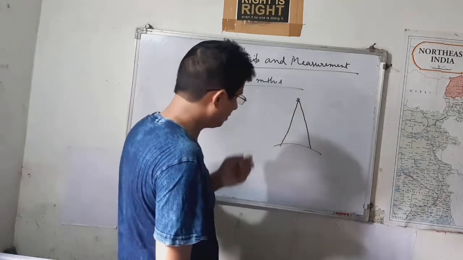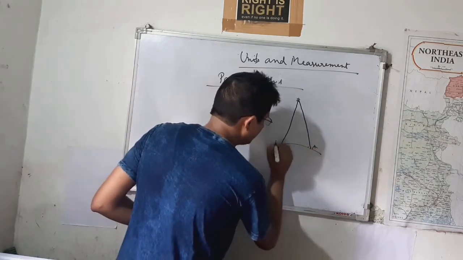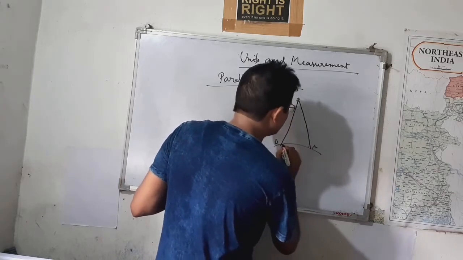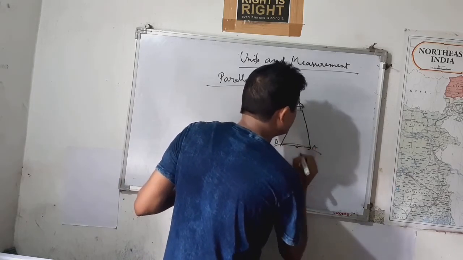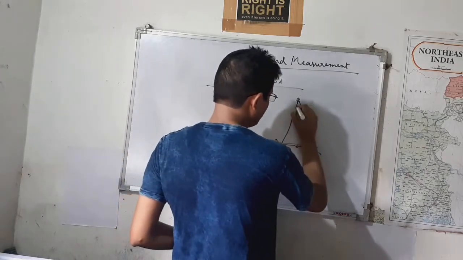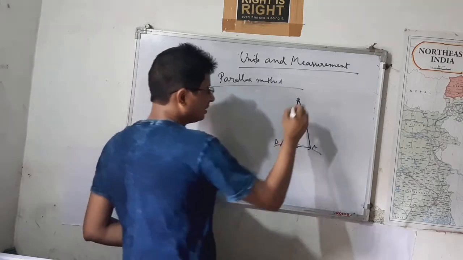Suppose this is position A and this is position B. There is a certain finite distance, suppose this is a small d, the distance between the two points. The angle made by these two lines is, suppose, some theta. So this is a star S.